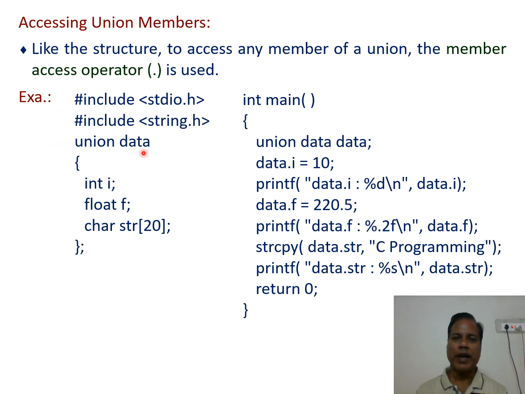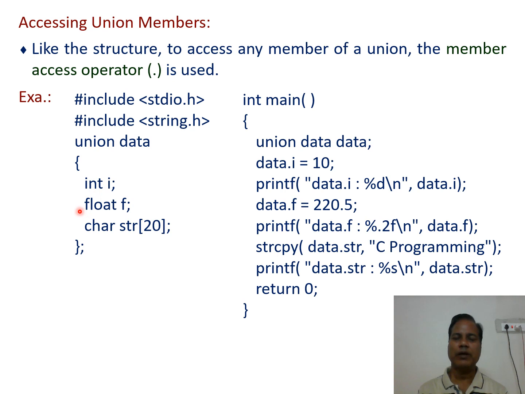Then union tag. This defines a union with the tag name Data. Then within open and close braces ending with the semicolon, the member variables for union Data are defined. The first statement int i declares the integer variable i.